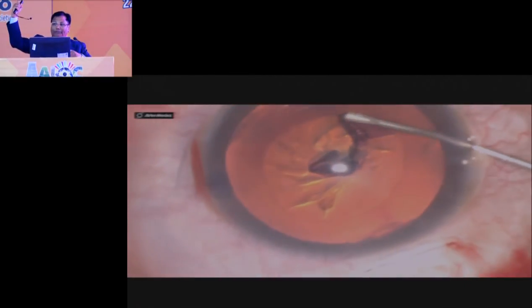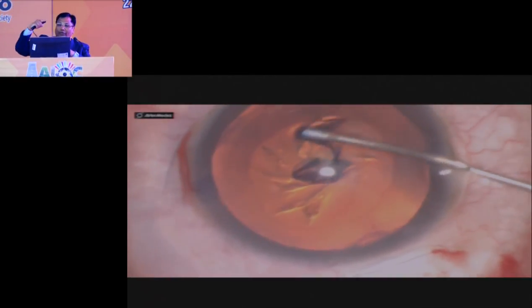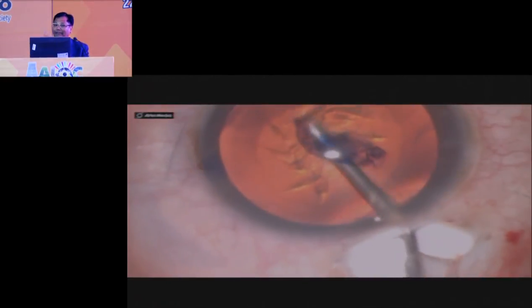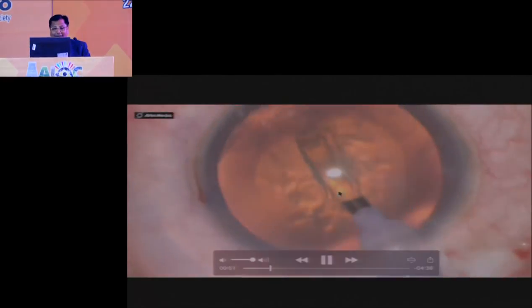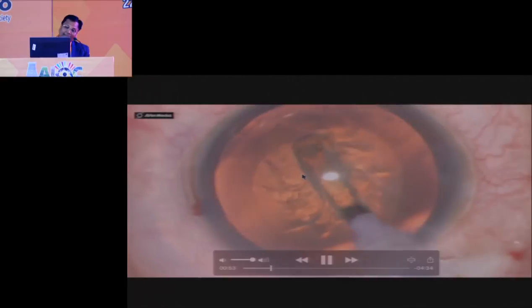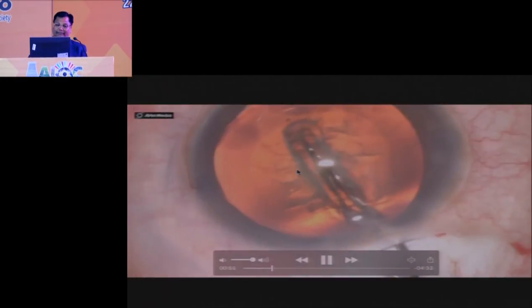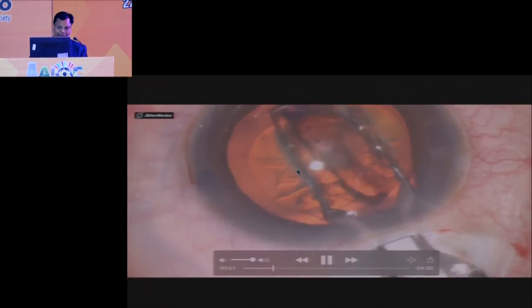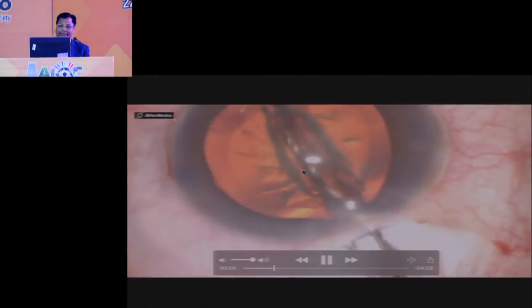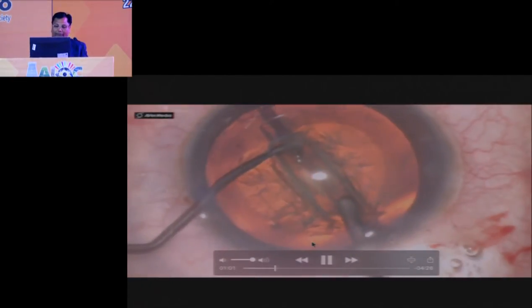The difference between the two planes is more in a deep anterior chamber, and that is a very important factor.